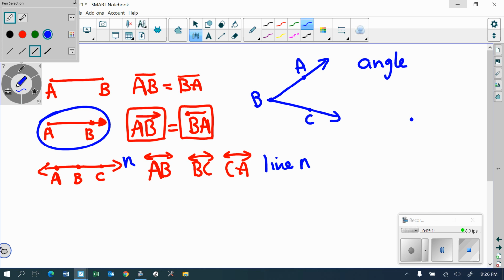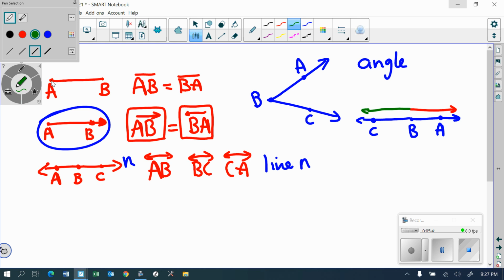If I have two rays that happen to be opposite rays, so that's ray BA, and this is ray BC.